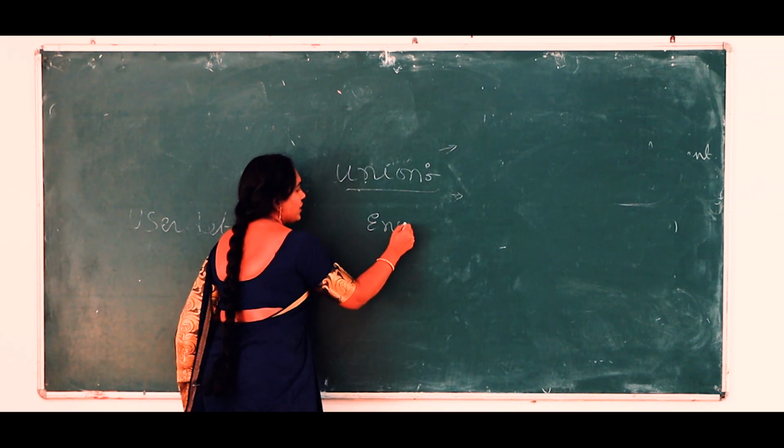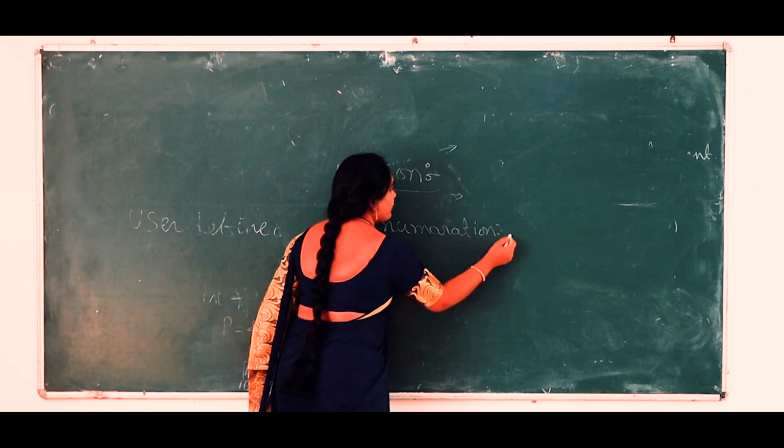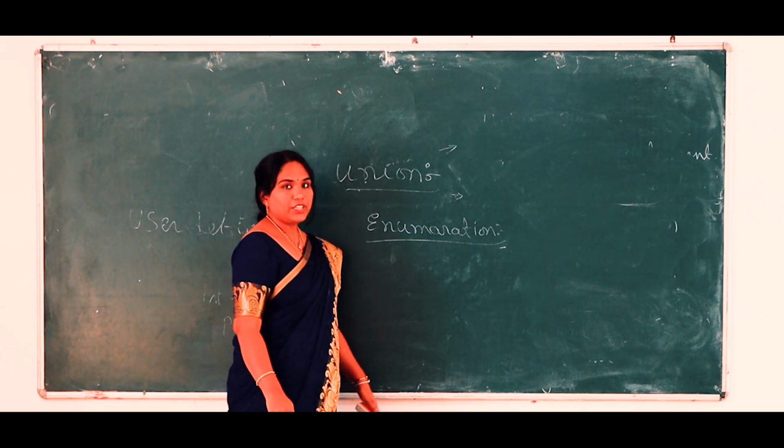Next one, enumeration. The next user-defined data type is the enumeration.